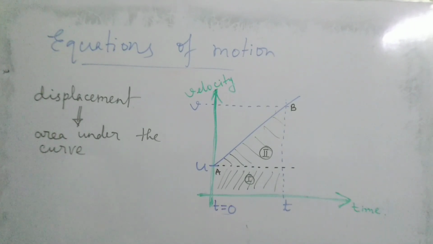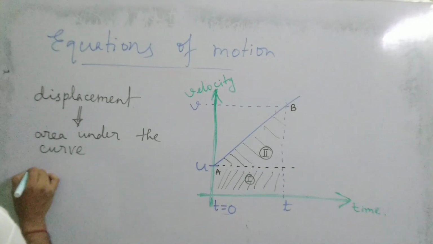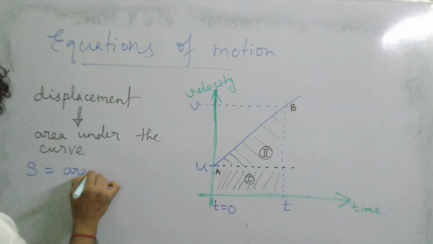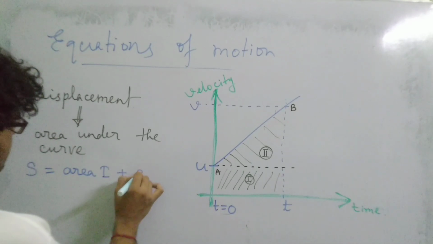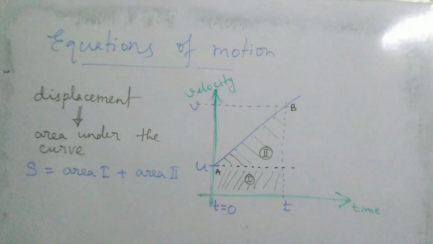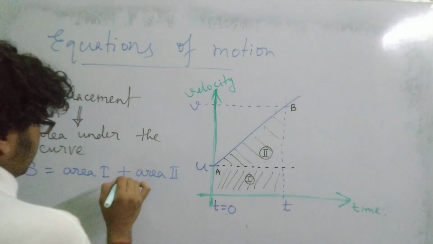So total displacement is equal to area under part 1 plus area under part 2.